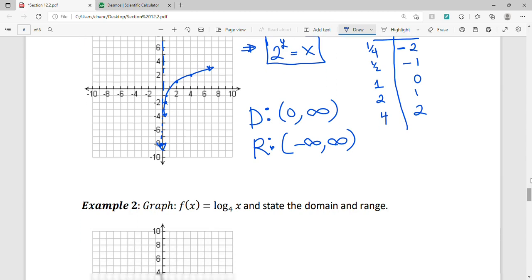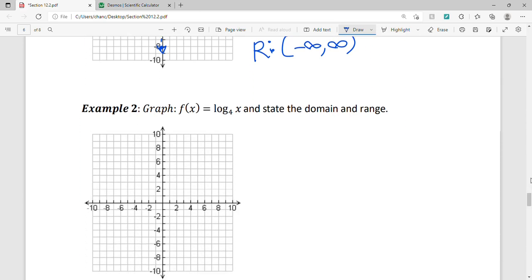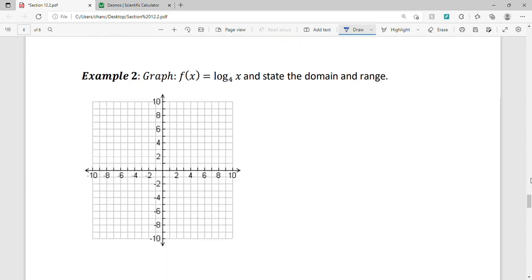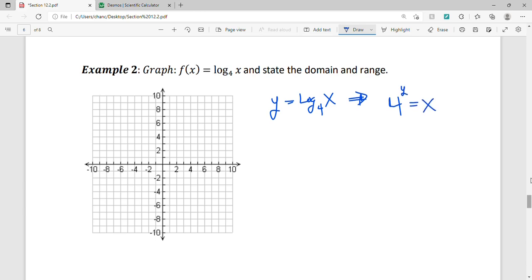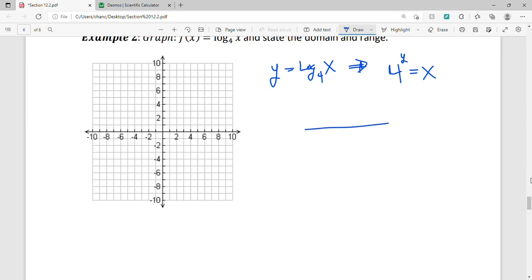Let's try example 2. Again, we'll use the same process. We'll rewrite this as y equals log base 4 of x. And then I'll translate this to exponential notation. The base is 4. The exponent is y. And this is equal to x. So I will pick some values of x and y.